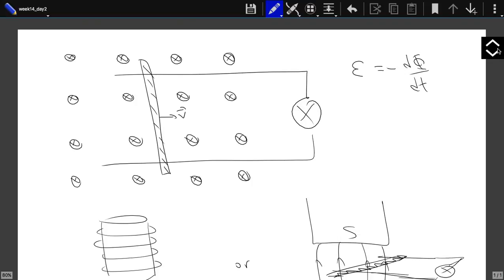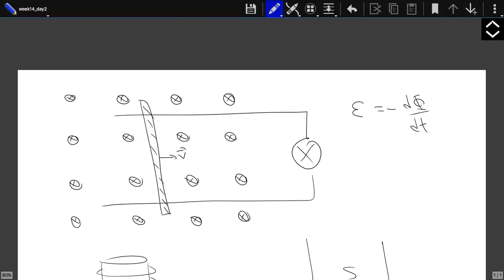In that case, the region inside the loop, inside your circuit, which has a magnetic field, the area will be changing. You see, the flux, in this example at least, was defined as B times A. So if you are moving the magnet, A is changing. If you are moving the rod, A is changing. Or you can even change the B. Then the flux will be changing.